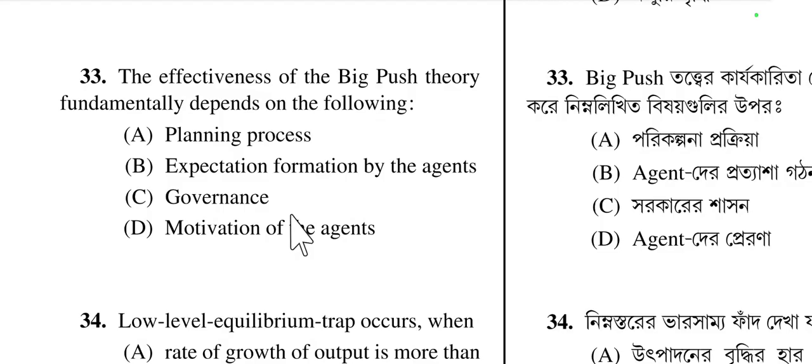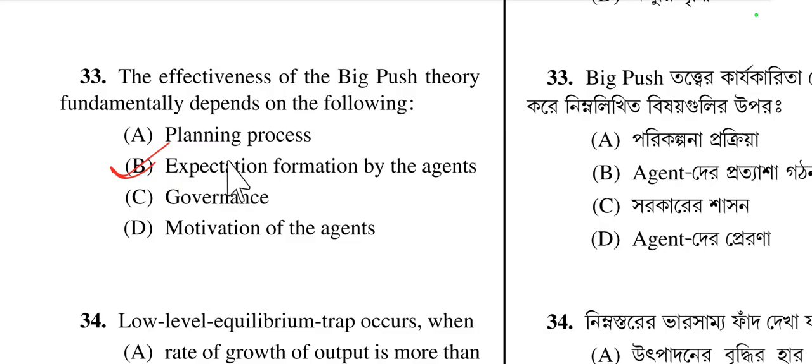The big push theory proposed by Rosenstein suggests that large scale coordinated investment across various sectors is necessary to overcome economic stagnation in underdeveloped economies. So the theory relies heavily on the idea of expectation formation by the agents, the belief that other sectors will also invest and expand, creating mutual demand that justifies the investment. So here the most possible answer will be option number B.